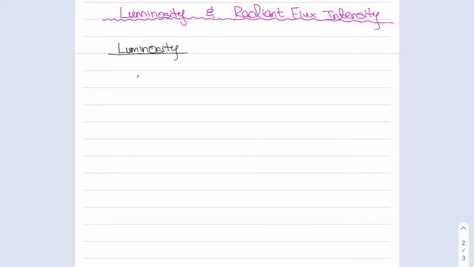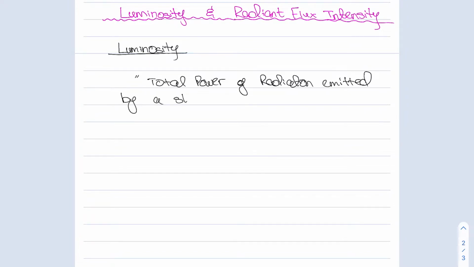Hence, we can give luminosity a simple definition. We can write: luminosity is the total power of radiation emitted by a star, right?